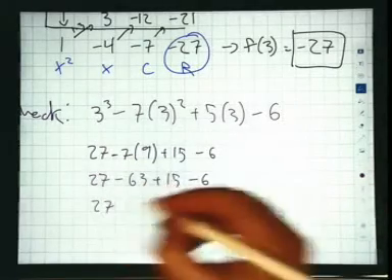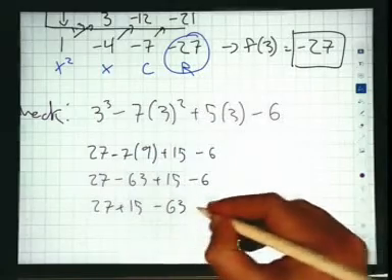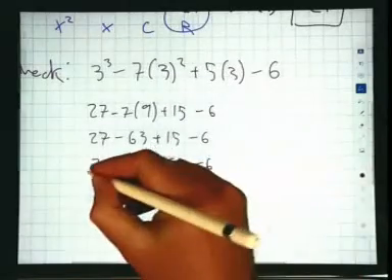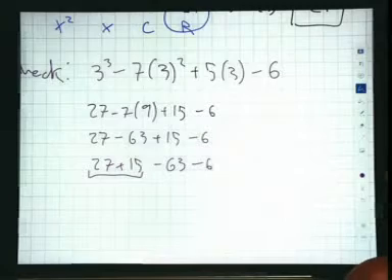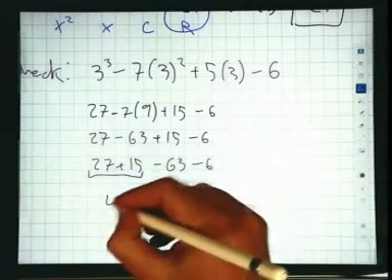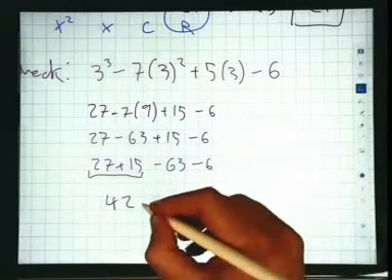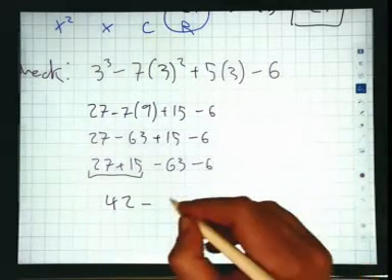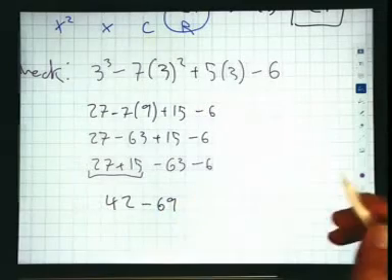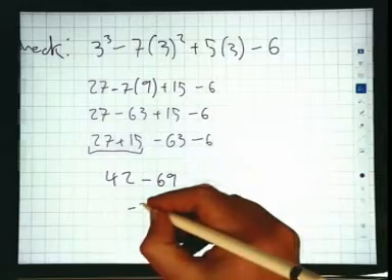Let's just make this easier. So 27, 15, that's going to be a 42 minus a 69, and that is negative 27.